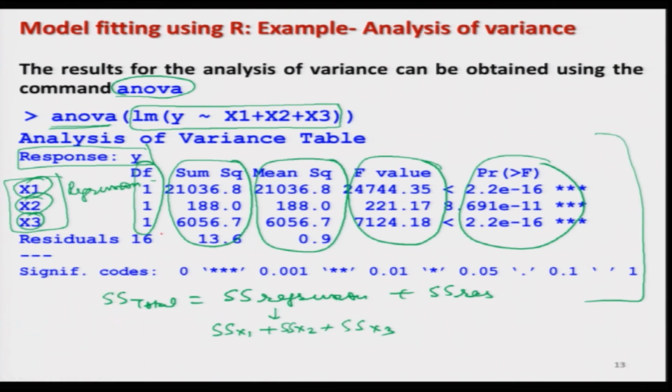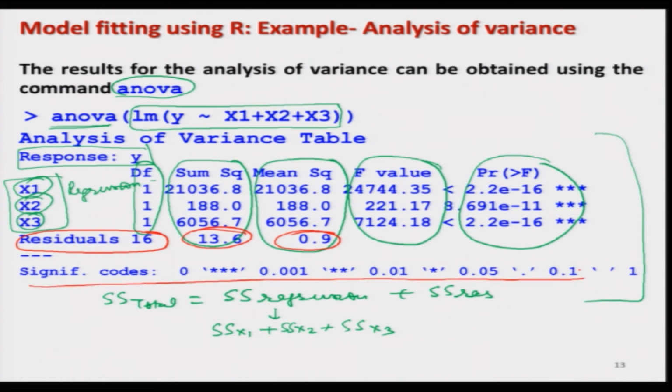I am using a red color here. This is the degree of freedom corresponding to the residual, this is the sum of square, this is the mean square, and these are the different values of alpha which are used here.